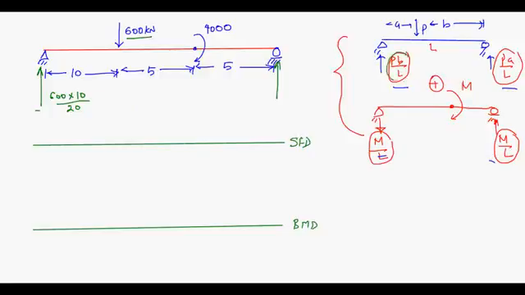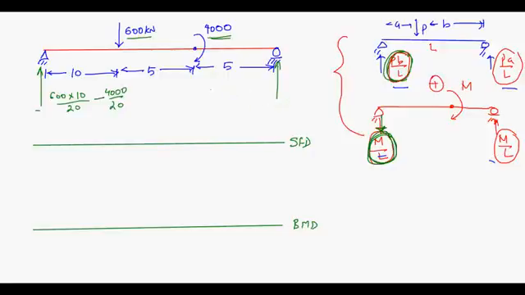It is nothing but PB upon L. Plus this moment will produce a reaction M by L, so I am writing M by L, which is 4000 upon 20. Now you have made a mistake. The direction is downwards, so you have to subtract it, because this moment is going to produce a downward reaction.